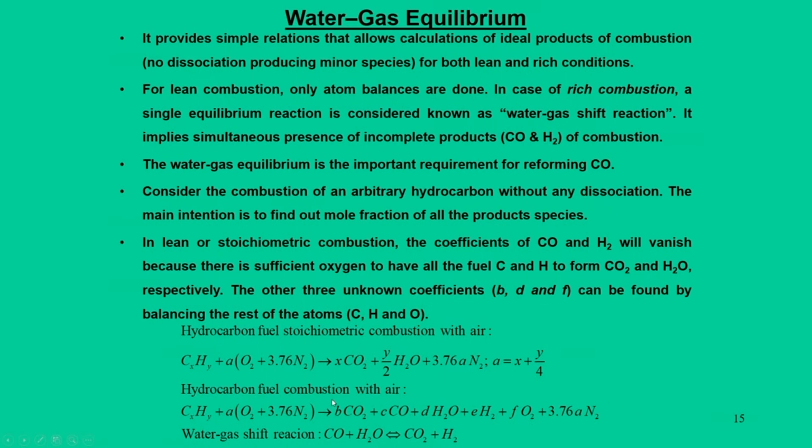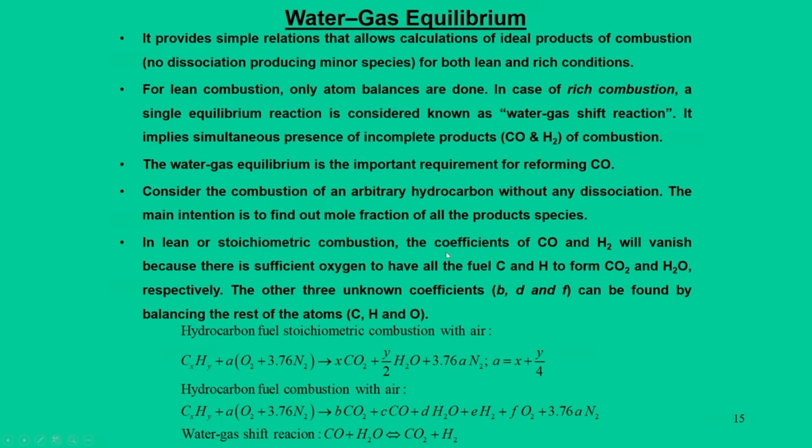Now, the compositions, like the stoichiometric coefficients B, C, D, E, F, are all regulated by whether the mixture is rich or lean. So, basically rich mixtures will say something and lean mixtures will say something. What does it mean? Suppose first we say the mixture is lean.